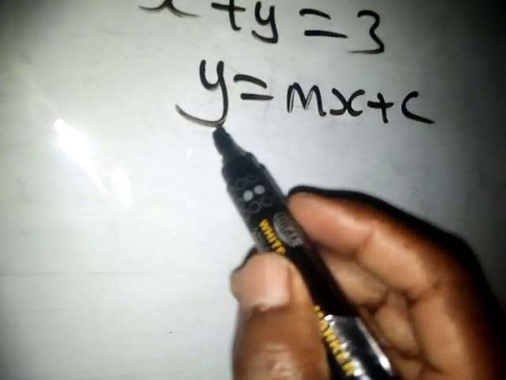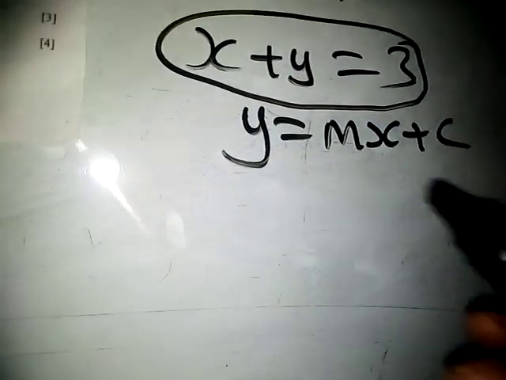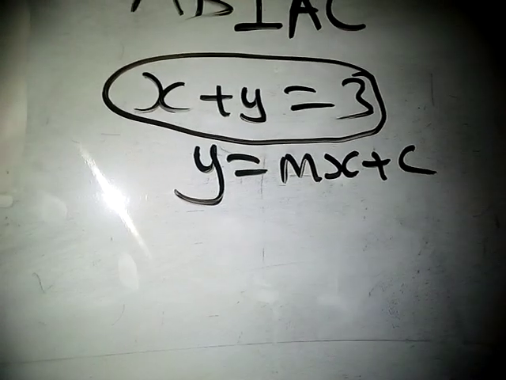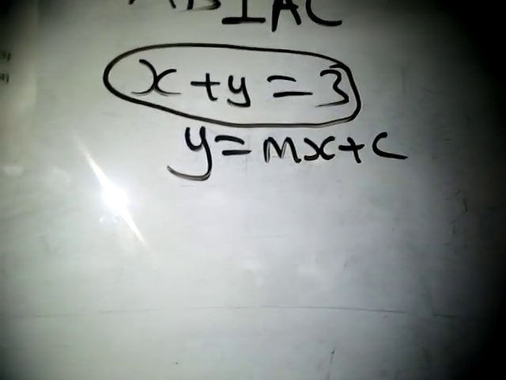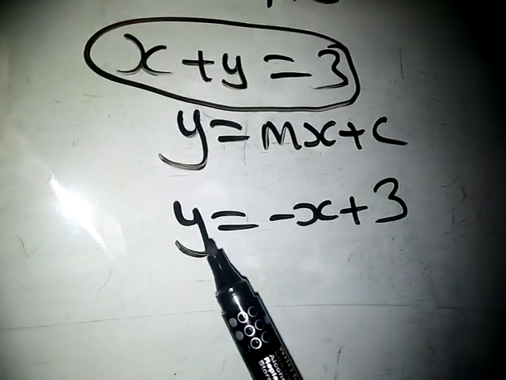Okay, so we're going to write the line AC in this particular form. If you do that, we are going to have this. So the equation now is like this.